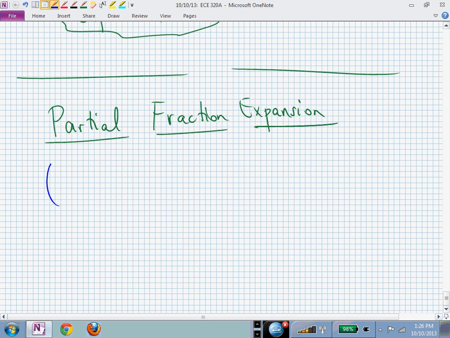It's true for all values of S. And we can use that to our advantage to solve for some of these residues or partial fraction expansion coefficients. So this partial fraction expansion is true for all values of the complex frequency variable S.